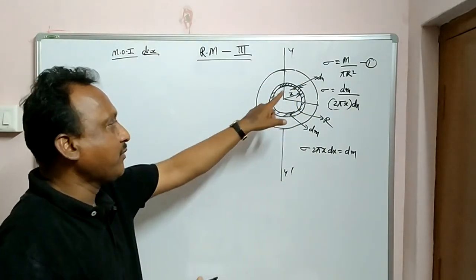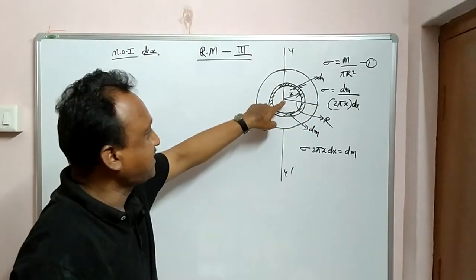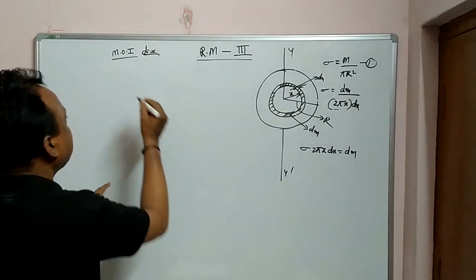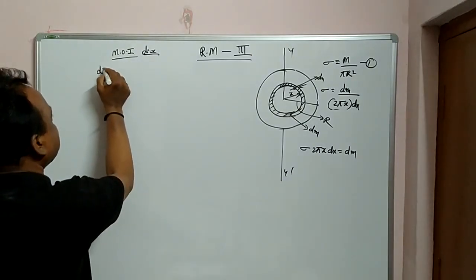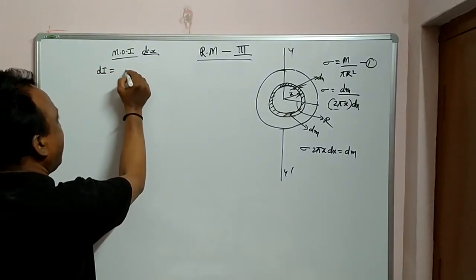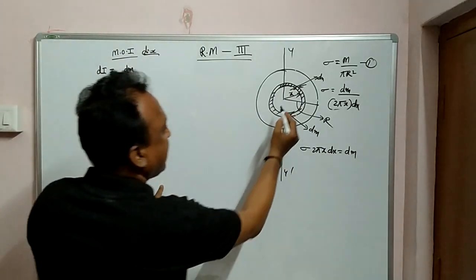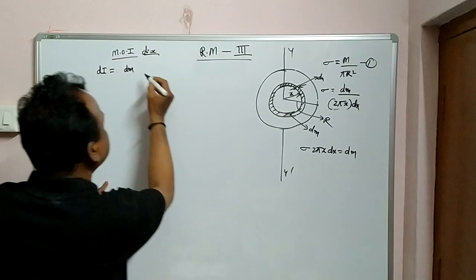To get the total moment of inertia about an axis passing through the center perpendicular to the plane, you have to integrate. First, what is the moment of inertia of the small strip? Mass dm into the square of the distance. How much distance is it? x square.